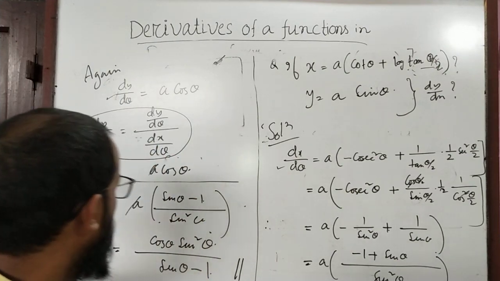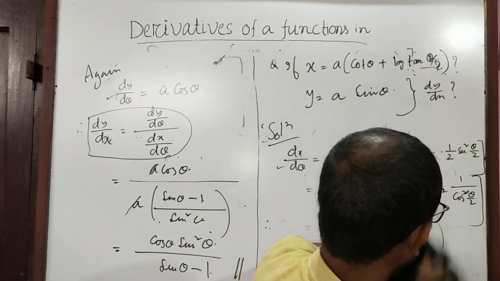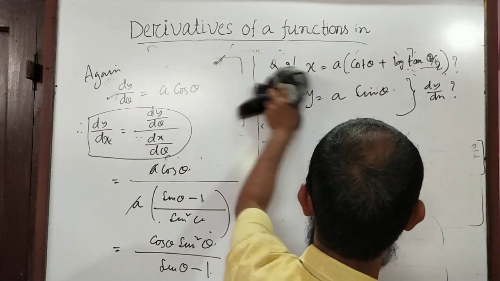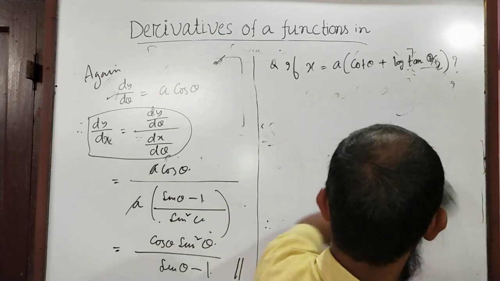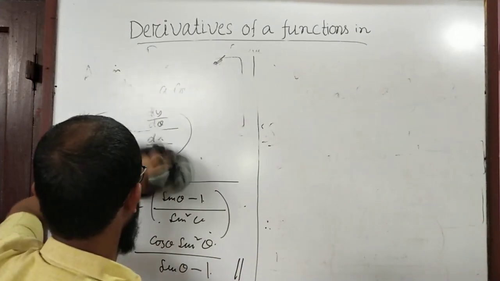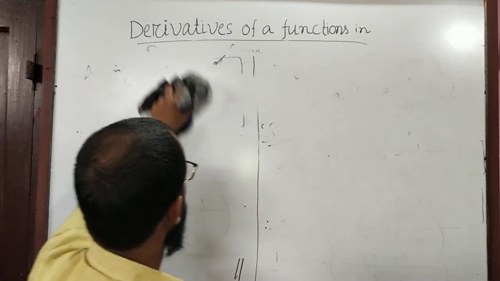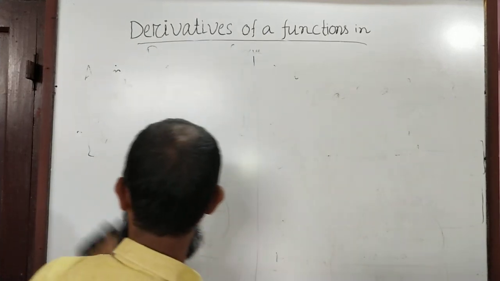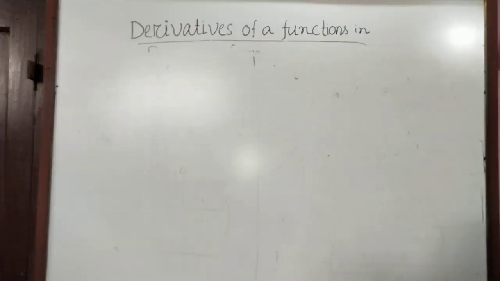So I hope this is the way you can solve such type of problem. This is the topic of parametric functions. The question will come in the examination sometimes. So all of you practice a few problems, then you will get a full idea about the particular chapter.